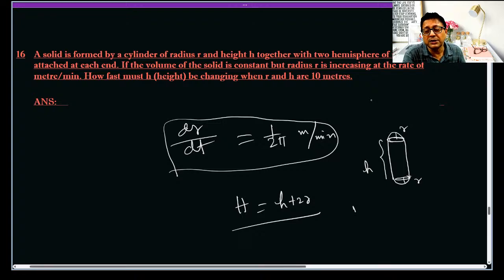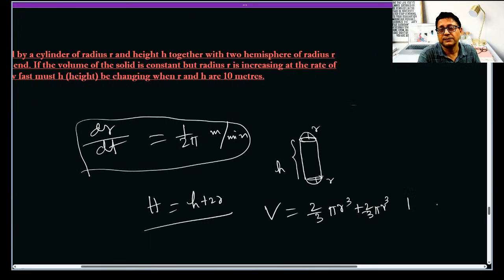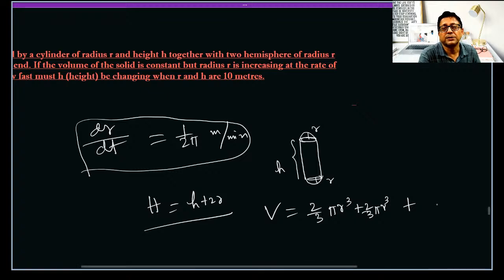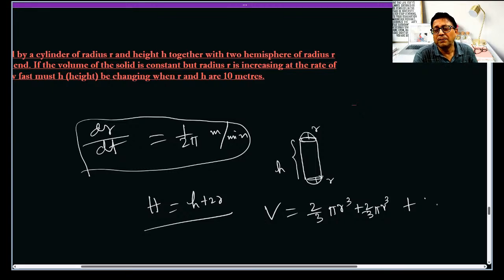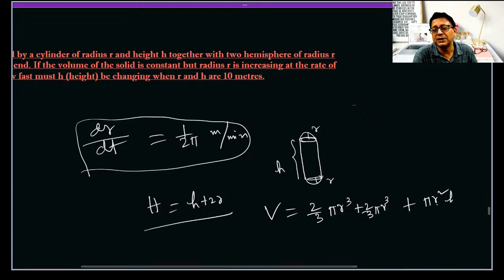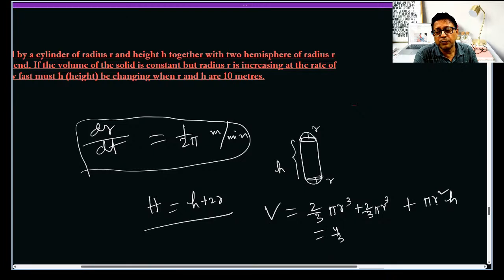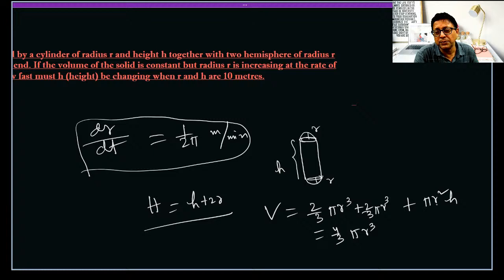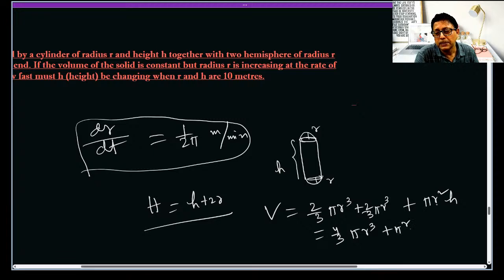Now, which part is constant? V equal to 2/3 pi r cube, 2/3 pi r cube plus this one. This one is what? This one is cylinder, pi r square h. This is 4/3 pi r cube plus pi r square h.